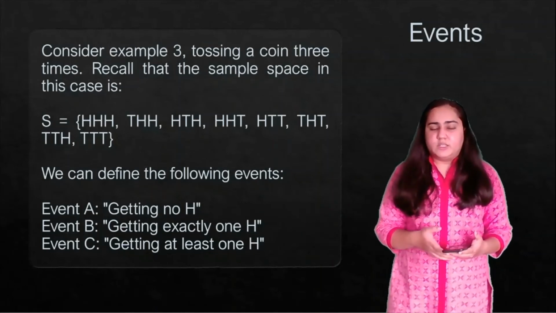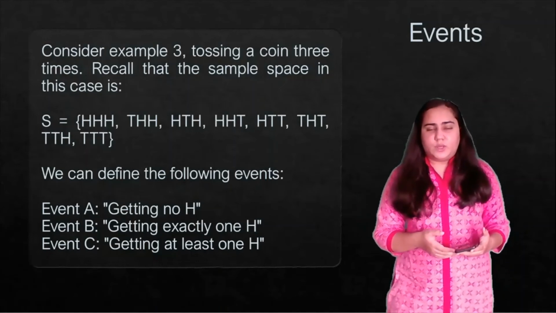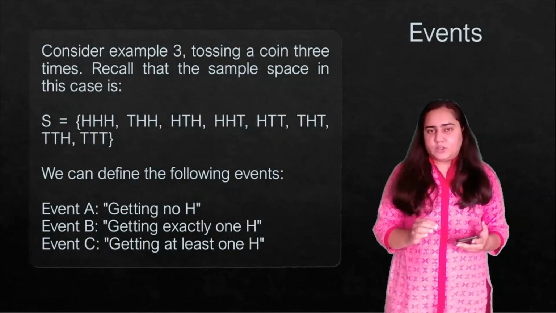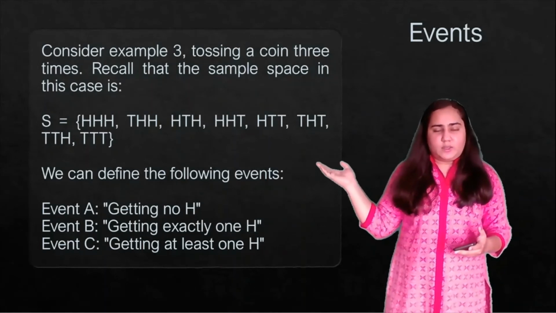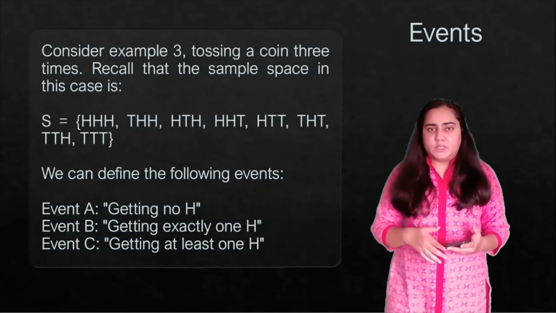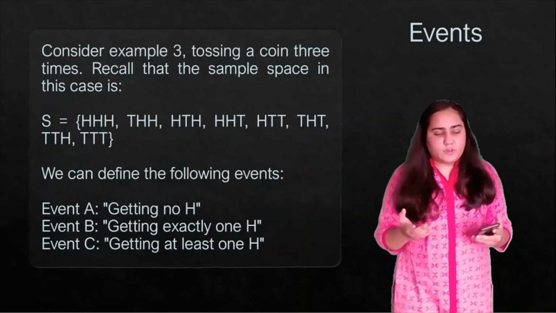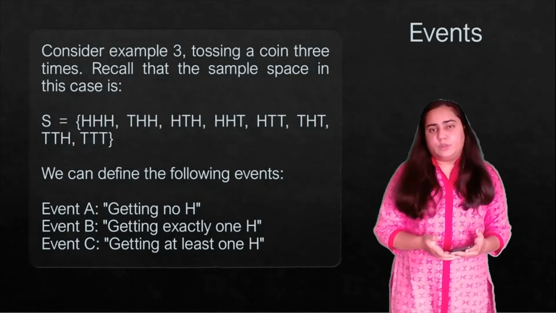Then you have event C, which is getting at least 1 H. So there cannot be 0 H, but there should be either 1, 2, or 3 H's. And once again, to calculate probability, you can just find all such samples, divide that by 8, and whatever is your answer, that would be the probability.